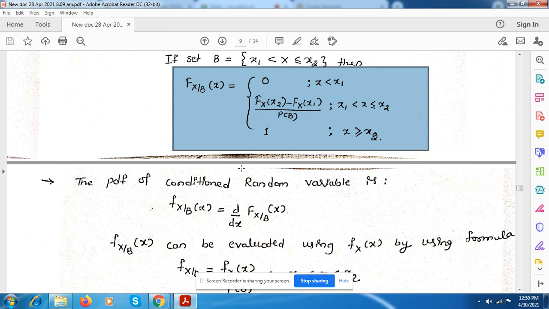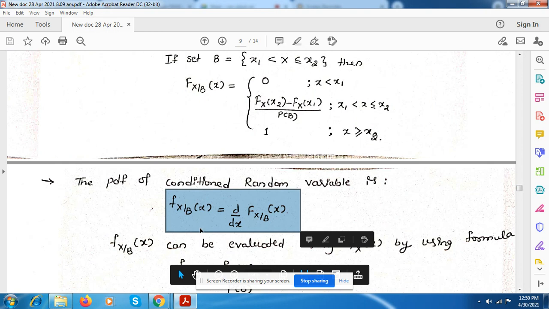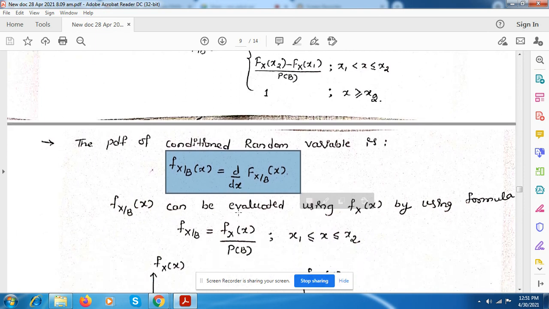You all know that PDF is the differentiation of CDF. So here using that we have this conditioned PDF, that is f_X|B(x). It is the differentiation of conditioned CDF, that is d/dx of F_X|B(x). So this equation also you have to note down.